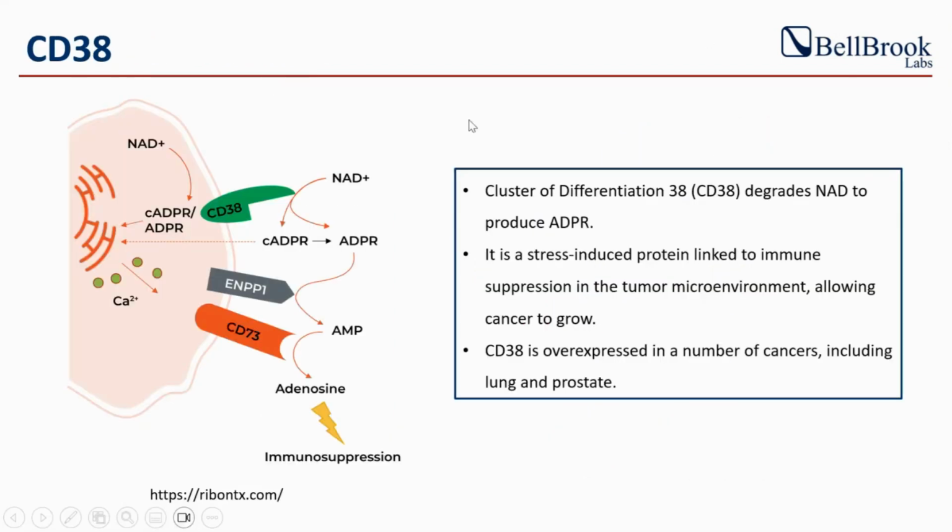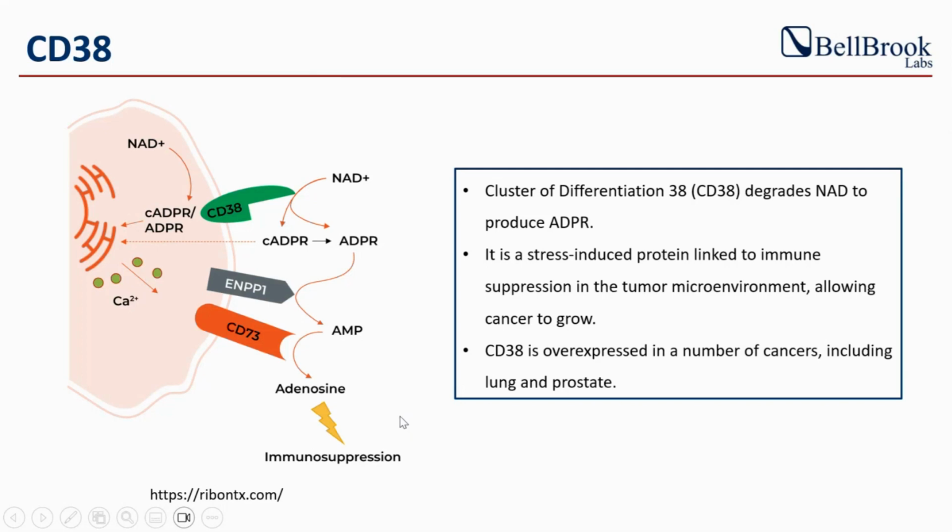About CD38, it's a cluster of differentiation 38. It degrades NAD to produce ADPR. In a specific pathway, this ADPR is chopped down to AMP by ENPP1, and then to adenosine by CD73. This adenosine acts as a trigger for immune suppression in the tumor microenvironment, and that allows the cancer to grow.